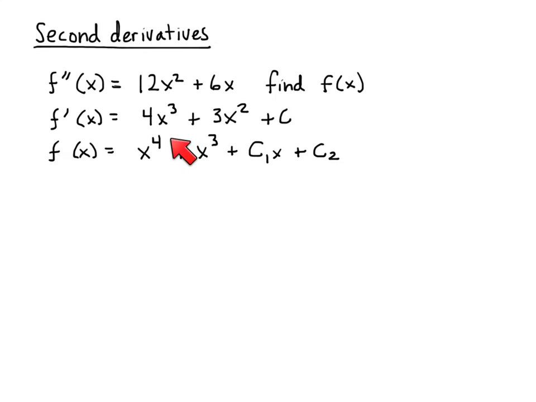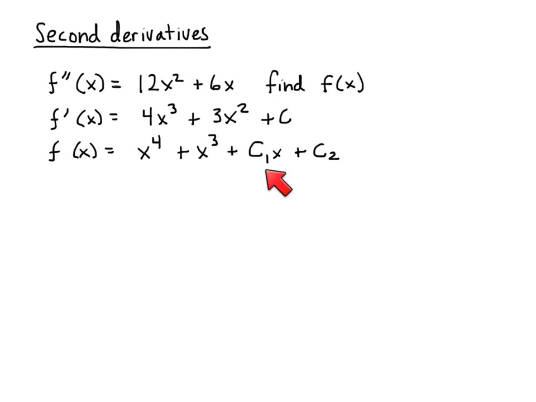So first, let's take the antiderivative of 4x cubed. That's going to be x to the 4th, right? Because the derivative of x to the 4th is 4x cubed. I think I'm saying a lot of things wrong, so I apologize if I'm twisting around some numbers. The antiderivative of 3x squared is x cubed, because if we take the derivative of x cubed, we get 3x squared. And so then we have to take the antiderivative of our first constant. I'm going to label this C1 just to distinguish it, because it's not the same constant that I'm going to add on here.